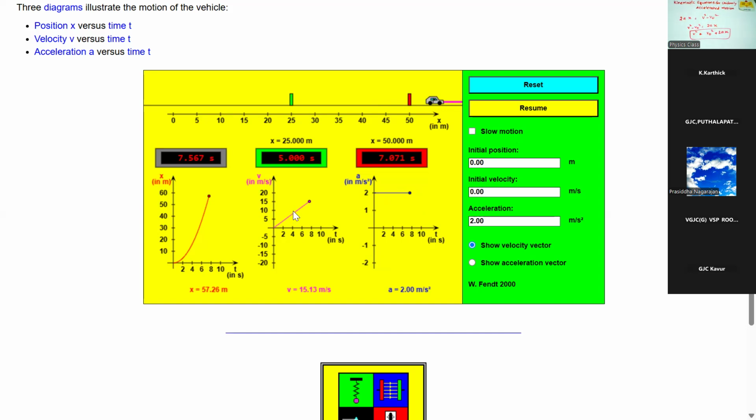Now look at the second graph. In the previous graph, you saw a straight line from the value 3. Now the object travels from zero, from the origin, but it is a slope line.